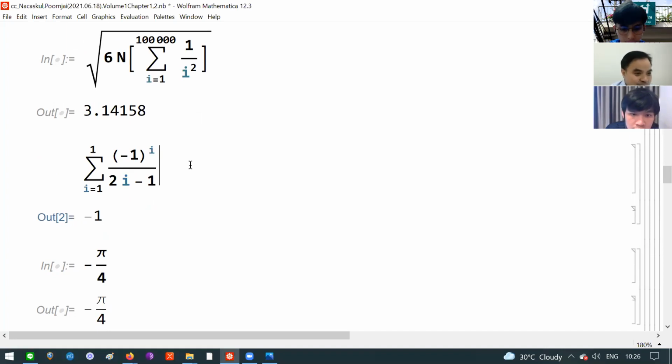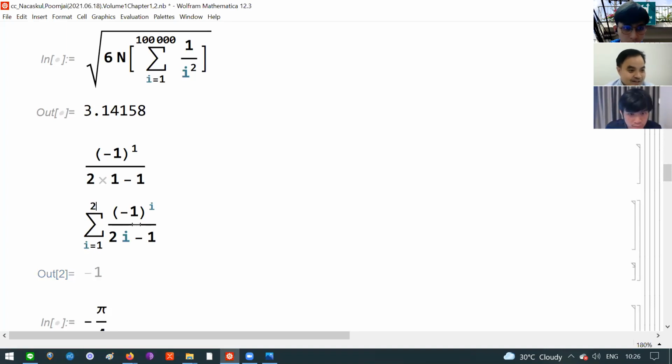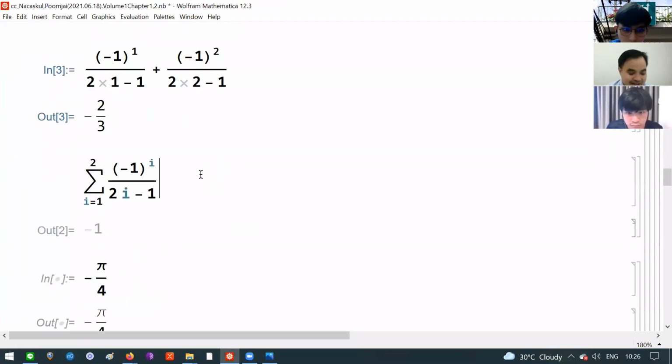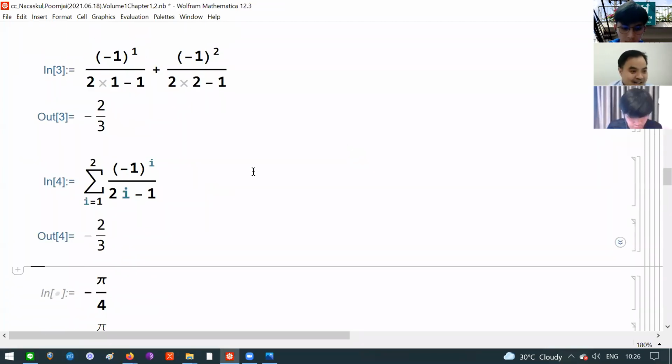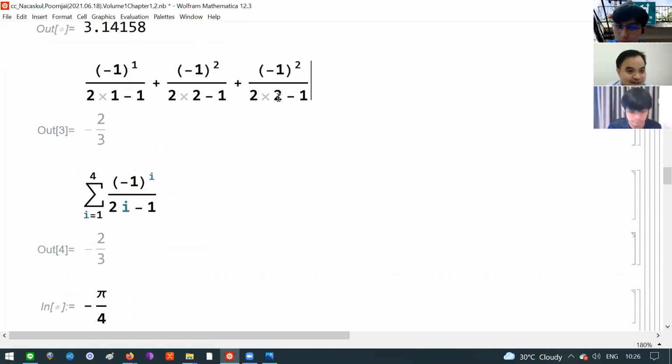You're doing this. Now, if I want to add the second term, I just add the second term. So now I do this. Let's see what I get. I get minus 2 over 3. Let's say I add 4 terms. That's something like this.